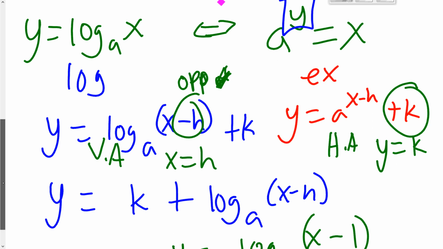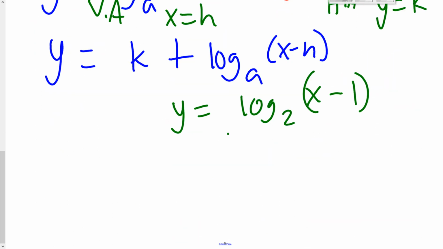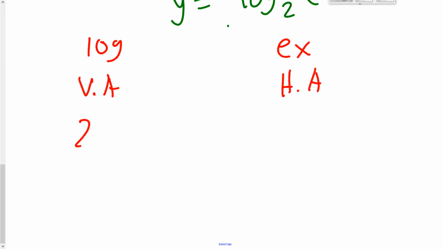Okay, so remember when you're asked to graph either of these on a quiz or a test, for a log you need to find the vertical asymptote. For an exponential, you need to find the horizontal asymptote. And then you need to graph 2 points for both of them.